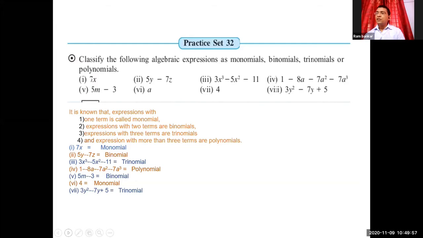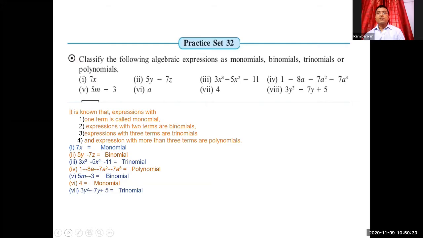It means more than 3. If more than 3, we will say it is polynomial. Yes, look at the fifth one, 5m minus 3. 5m is one term and the second is minus 3. So there are two terms. So it is binomial. Look at the sixth one. In the sixth one, only one term is given.